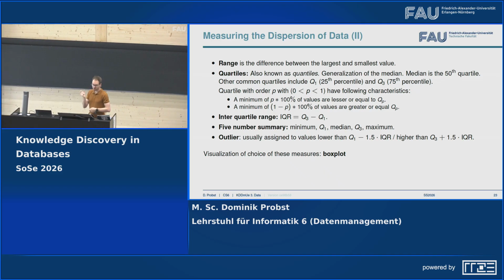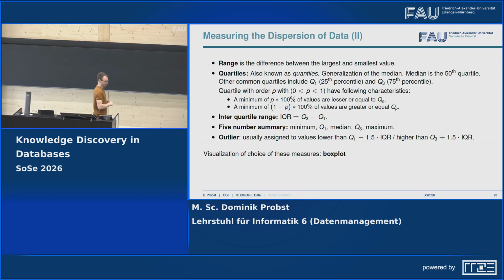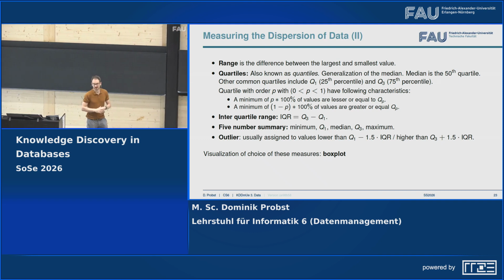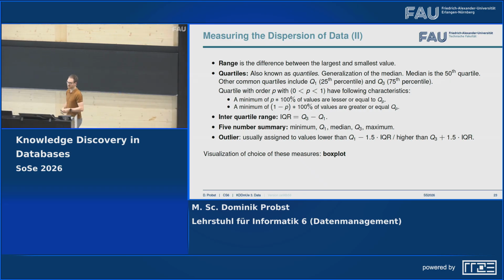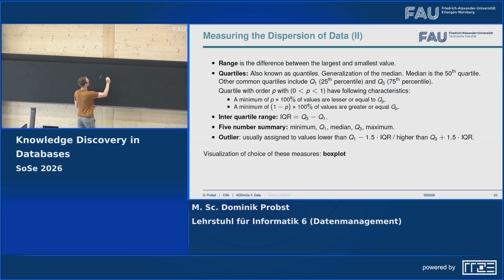A little bit more complicated are the quartiles. We already know one quartile. We already know the median. The median is the second quartile because it's the value right in the middle.